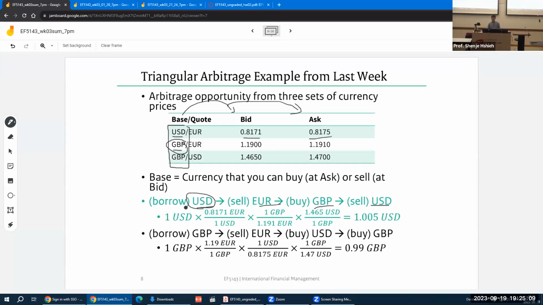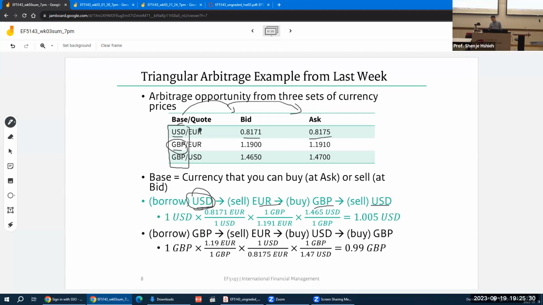So again, let me walk you through the steps. Step one, look at the base currencies, US dollars and British pounds. If I start with US dollars, I'm going to identify one path, one route, okay? US dollars to euros to British pounds back to USD. So it's a triangular loop.